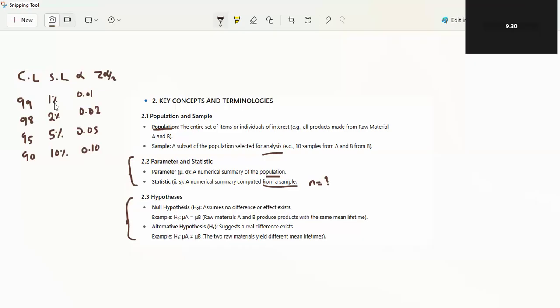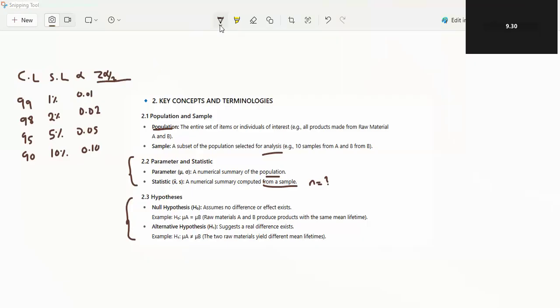So what we have there are simple differences from 100. 100 minus 99 is 1%. 1% divided by 100 is 0.01. 100 minus 98% is 2%. 2% divided by 100 is 0.02. 100 minus 95% is 5%, and so on. Our key values of interest here are the Z values here that you need to memorize.